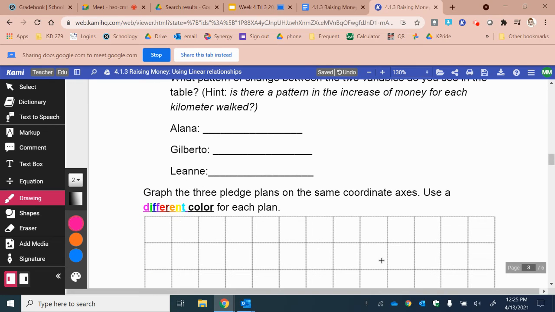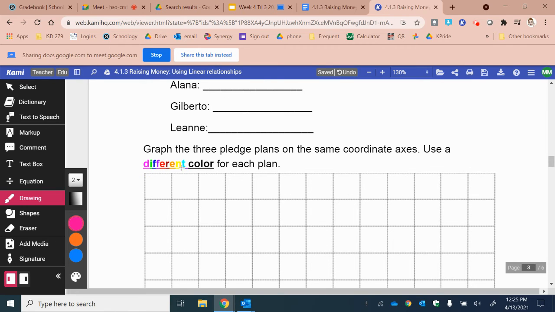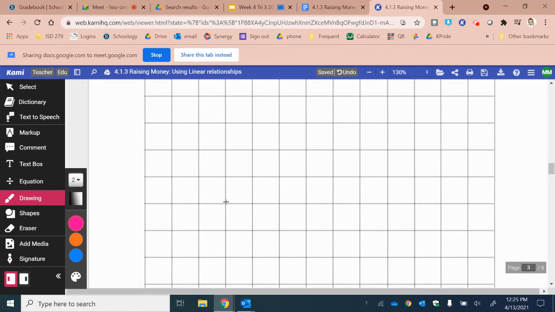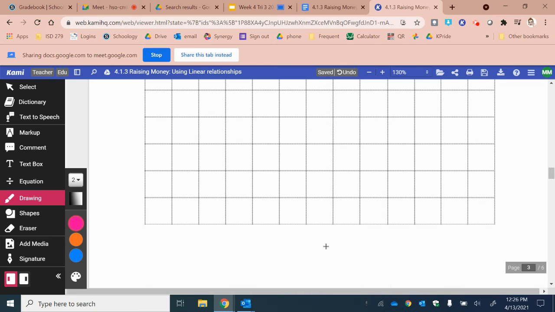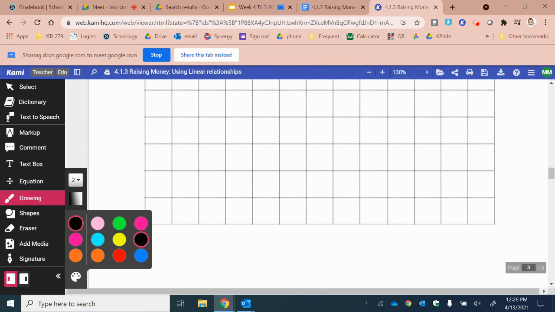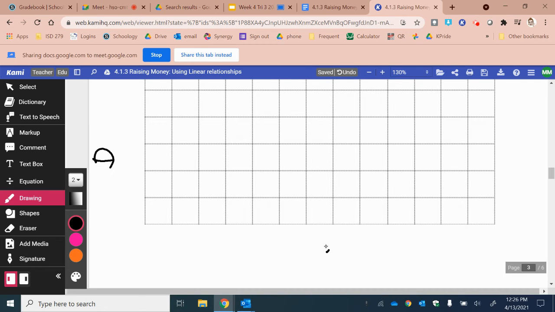And then you're going to graph the 3 pledge plans on the same coordinate axes. Use different colors for each plan. And so my recommendation when you're doing this is to go by, we're going to have our dollars here. And then we're going to have our kilometers here.